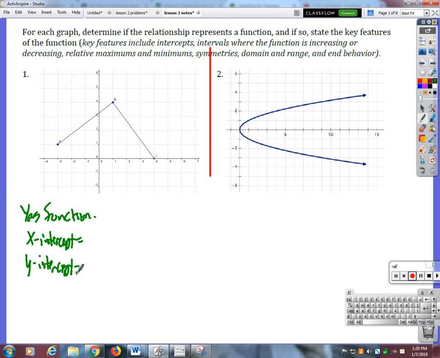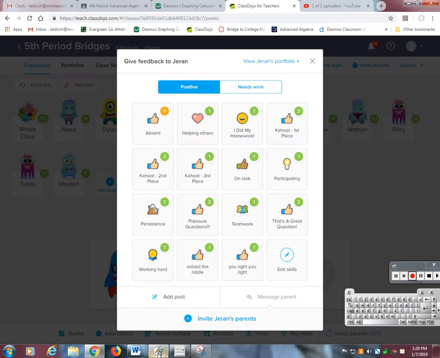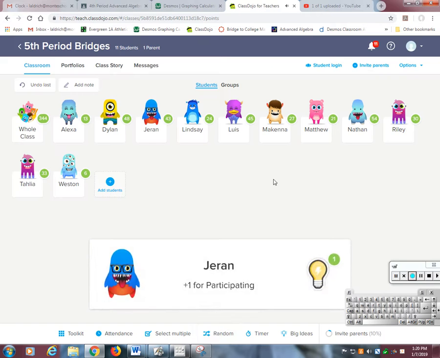So where does that cross the x-axis? Yep. And where does it cross the y-axis? Looks like we're going to have to ballpark it there. 3.2. Okay. So there are the intercepts.